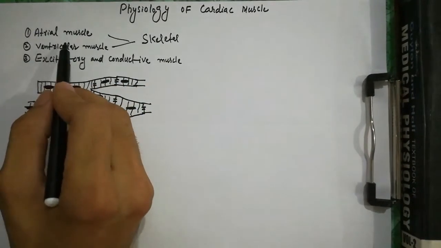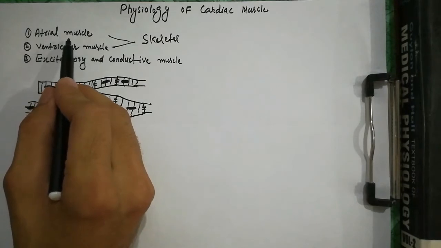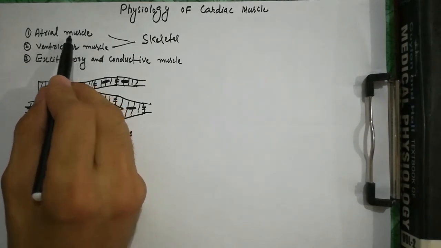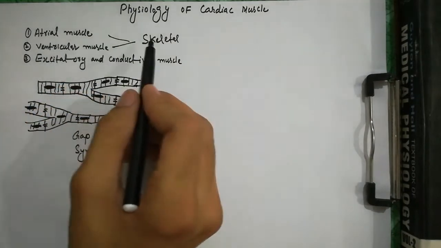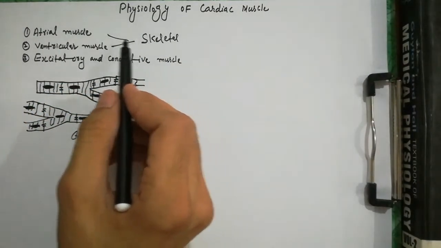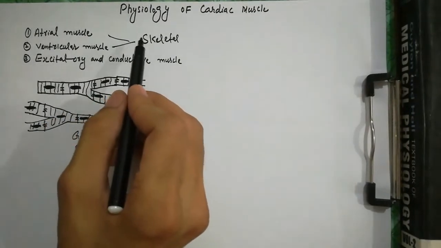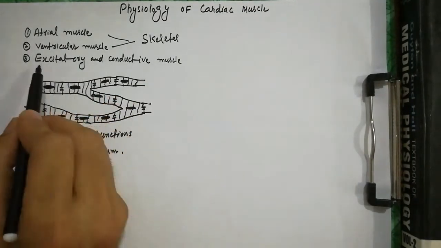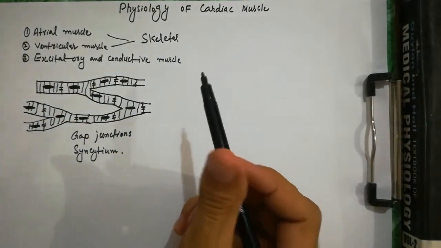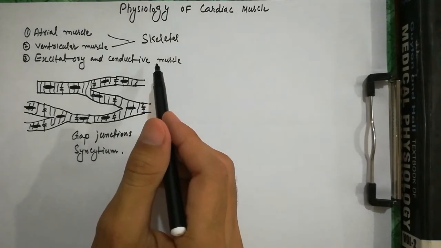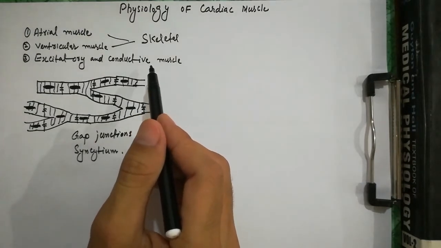The difference is that the duration of contraction in atrial and ventricular muscles is longer as compared to skeletal muscle. Why the duration is longer is discussed in the second part. The excitatory and conductive muscles contract little because they contain only few contractile elements.